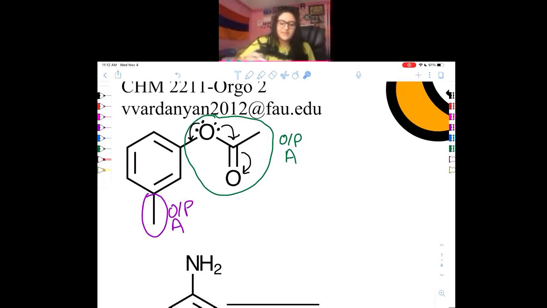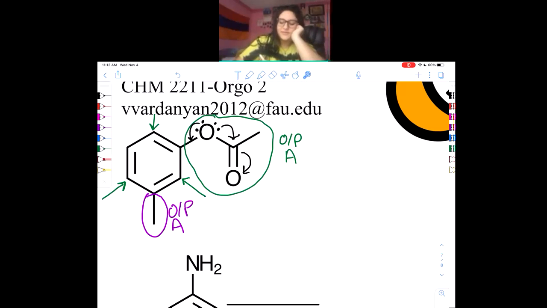So since it is ortho-para directing, I'm going to put an arrow at the ortho positions and the para position. But this is a perfect example to give you, sorry about my dog screaming. This is the perfect example to show you a point that's very important, so please pay attention.